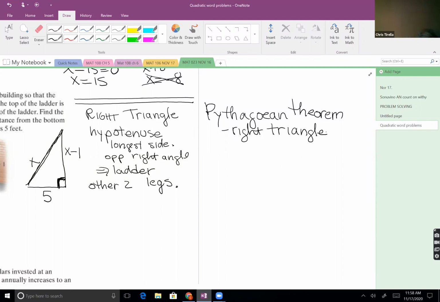Yeah. Vaguely. It's something like a squared plus b squared equals c squared, where a and b are the legs, and c is the hypotenuse.